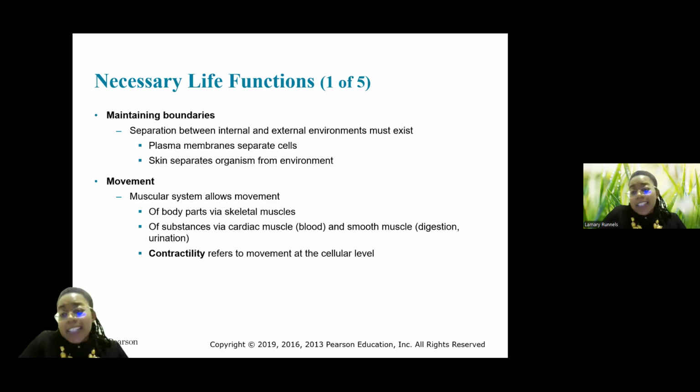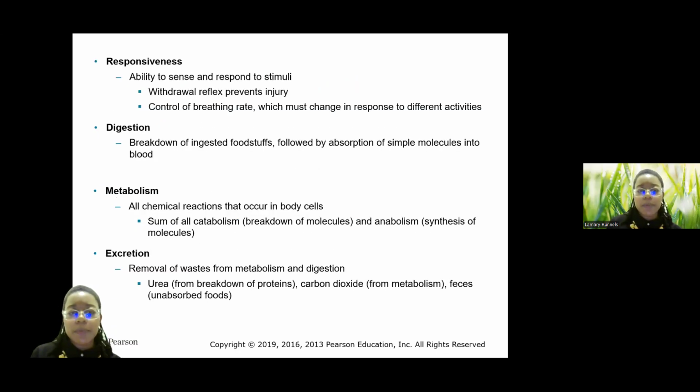For movement, the organism has to be able to move. Can it contract? Can it relax its muscles? Or how is it getting around? That is necessary for life functions. It also has to be responsive, able to respond to stimuli.